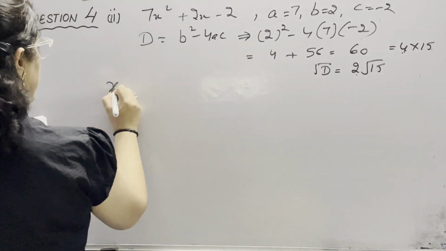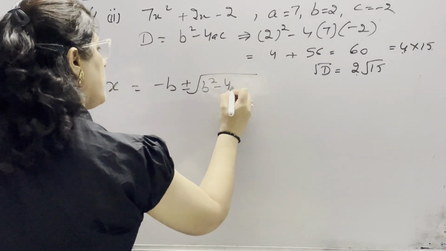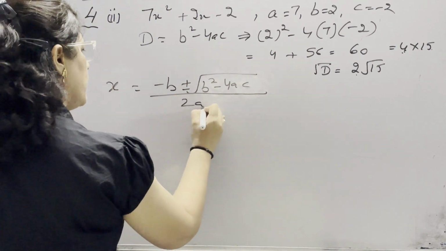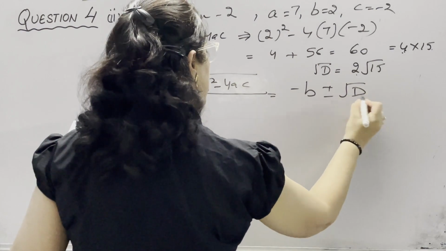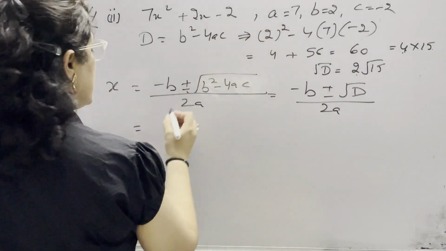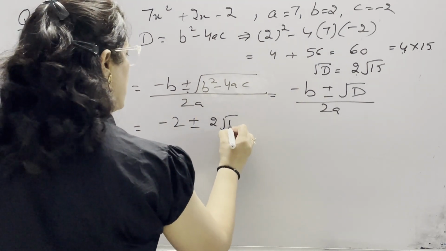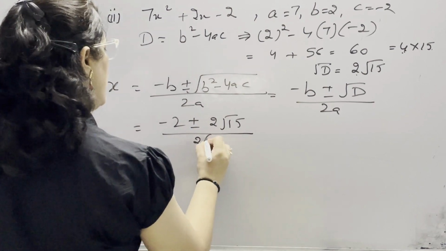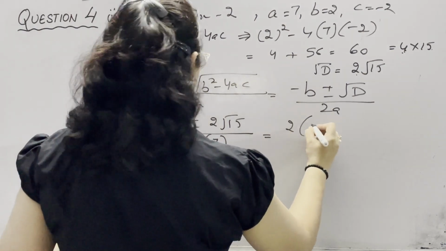So now value of x is minus b plus minus under root b square minus 4ac upon 2a. It means minus b plus minus under root d upon 2a. So value of minus b is minus 2 plus minus under root d is 2 under root 15 divided by 2a, and a is 7. 2 can come common from all these terms.